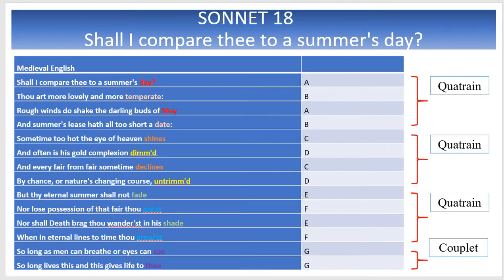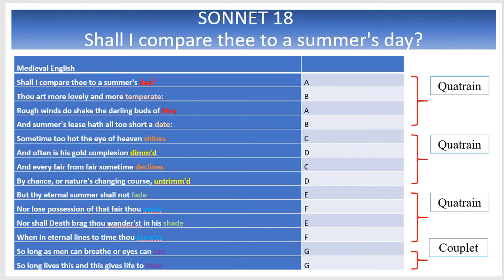We can say that Sonnet 18 is a typical Shakespearean sonnet. To prove that, we need to look at the way William Shakespeare divides his sonnet.